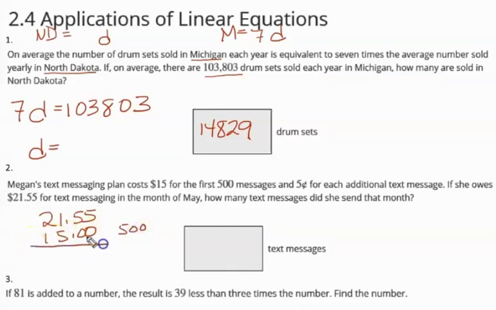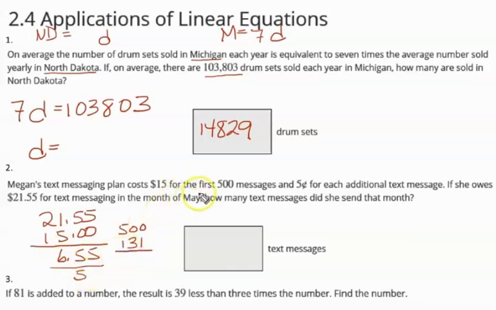So if you subtract that, you get $6.55 is what's left over that you're going to be charged 5 cents for each of these. So you're going to take this now and divide it by 5. And when you do so, you get 131. This divided by that.